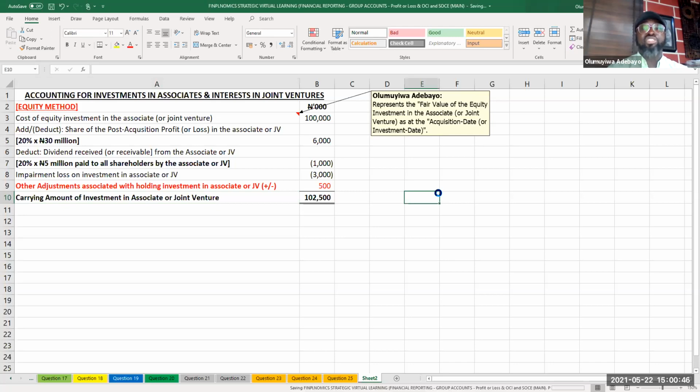This is the primary basis to which we do what we do.